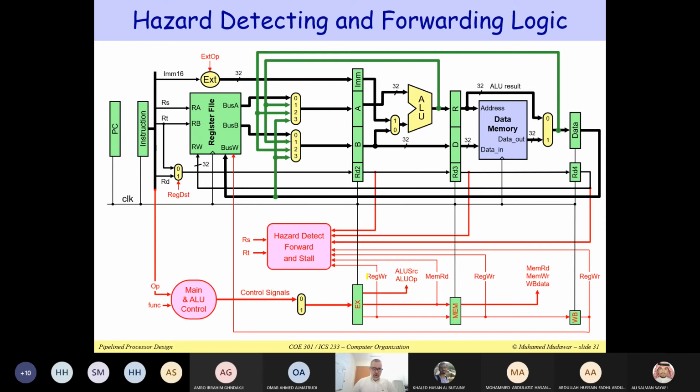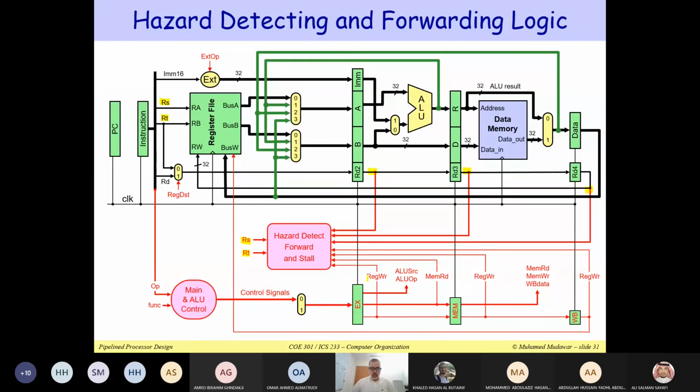Now this is RS and RT. These will come from the RS and RT of the instruction which is now being decoded in the second stage of the pipeline. Also, we are detecting if it's equal to RD2, RD3, RD4, as before, for data dependence, read after write.